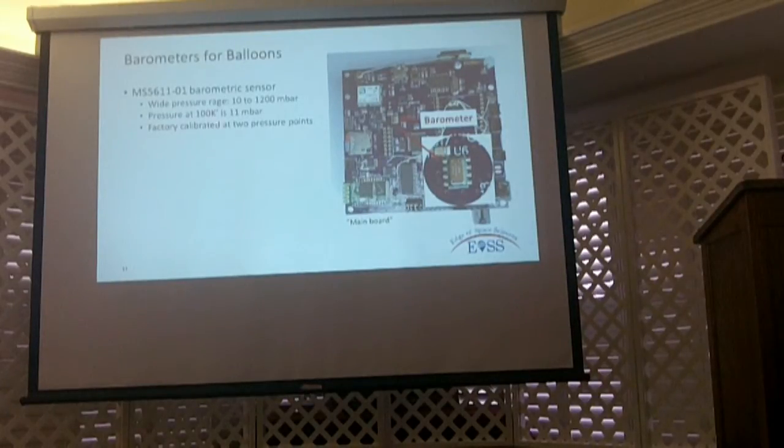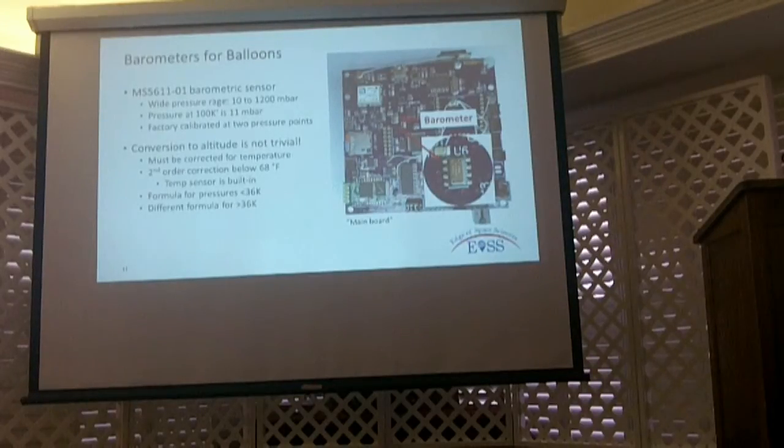And so I did a quick calculation. The pressure at 100,000 feet is 11 millibars, so that's right at the low end of what this guy can do. And I thought, well, that would be good. Some of the other ones I've seen, maybe they're good to about 40,000 feet or so. And I thought, okay, we're going to try this one. It's factory calibrated at 2 pressure points, but they're pretty close, but they're not anywhere near where we're flying.